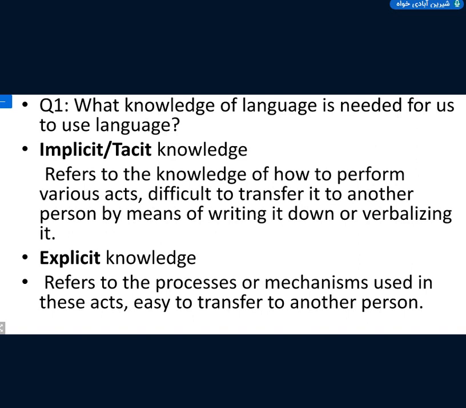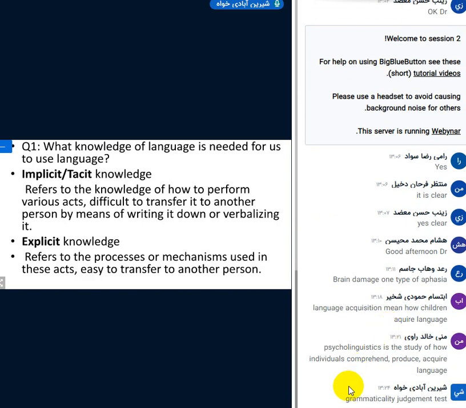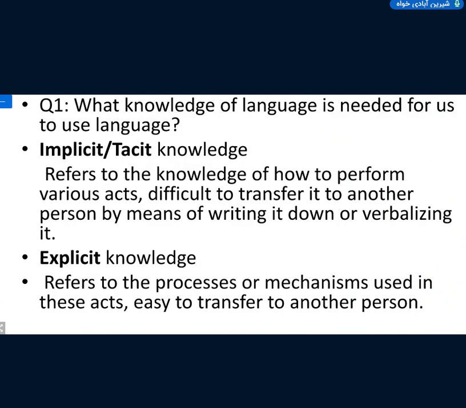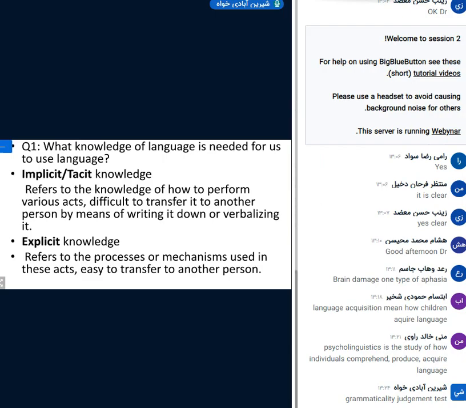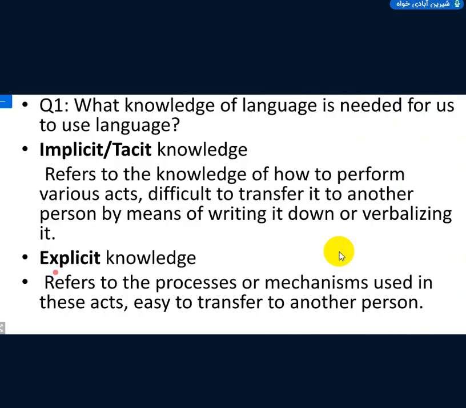Some people say, okay, I know this sentence is not correct, but I can't explain it, because that piece of knowledge is based on implicit knowledge. It is based on intuition, not explicit knowledge. Intuitive knowledge is implicit.